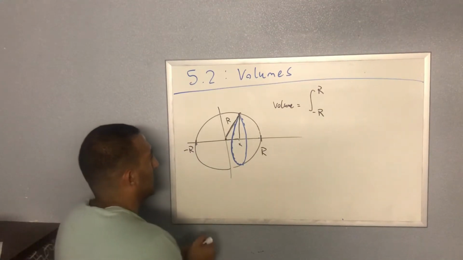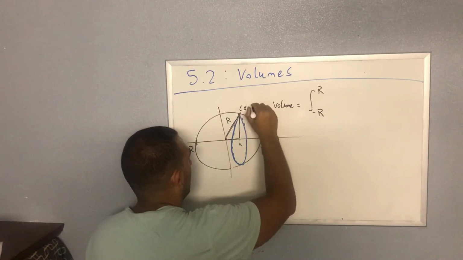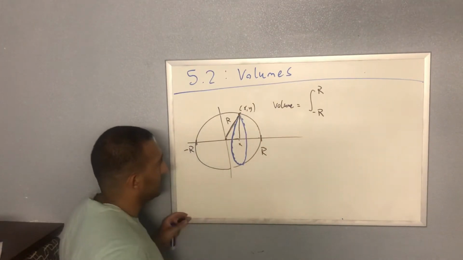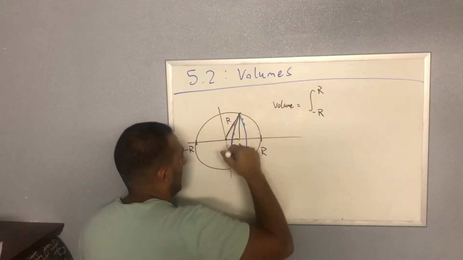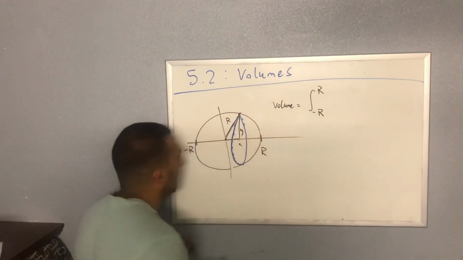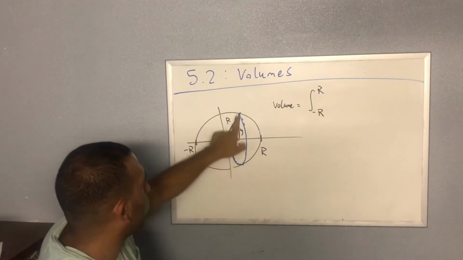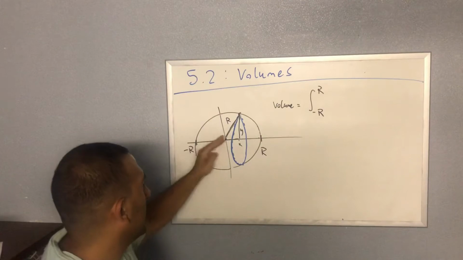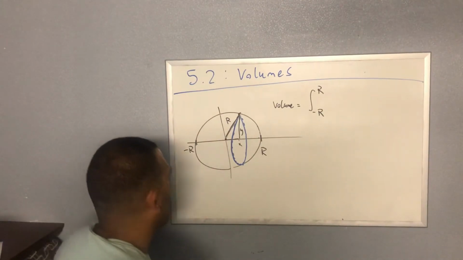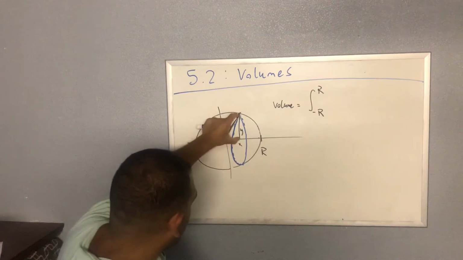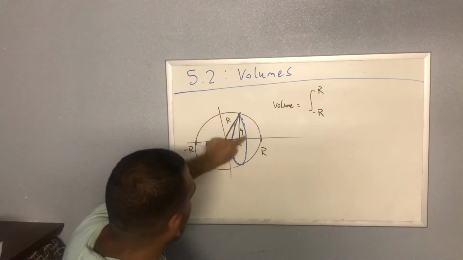And this is going to be some ordered pair x, y, right? So this distance here is y. So you go x units to the right, y units up to get to this point, and then this is the radius. And so notice that y here is the radius of our circle in blue.